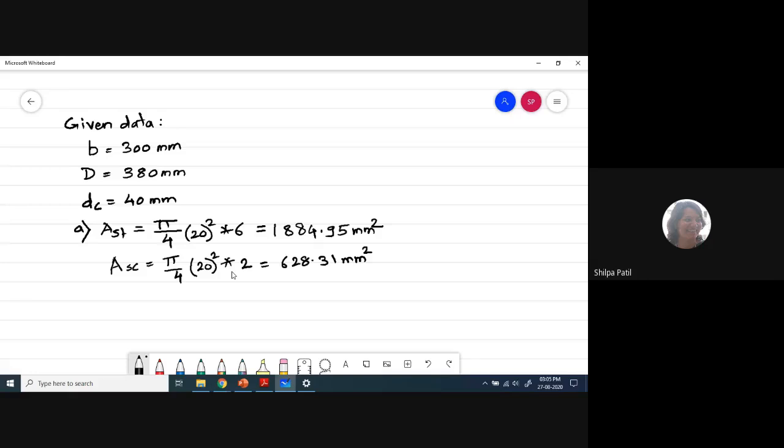It is also mentioned that it is Fe250, right? So FY is 250 Newton per mm square, and M20 grade is given. So FCK is 20. Okay.